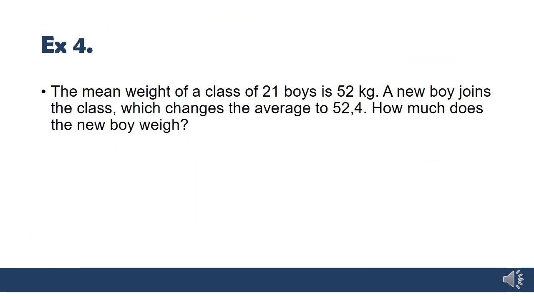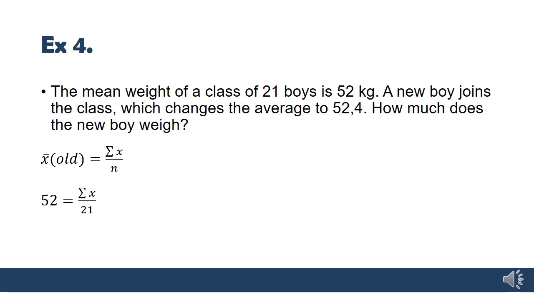Our last example today is a little bit more of an extension problem, so a little bit more challenging. So I suggest that you pause the video and see if you can get it started on your own. Right. If the mean weight of a class of 21 boys is 52 kilograms, I'm going to set this up as an algebraic equation.